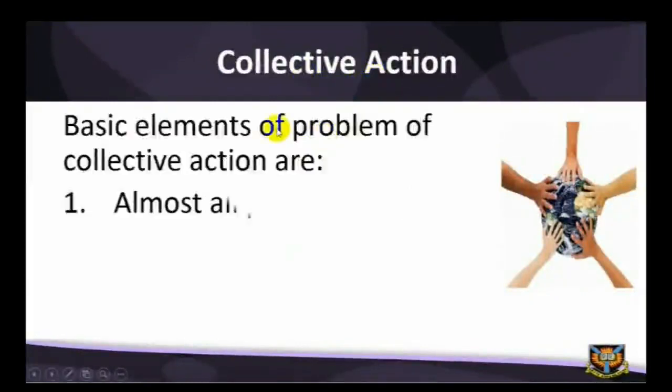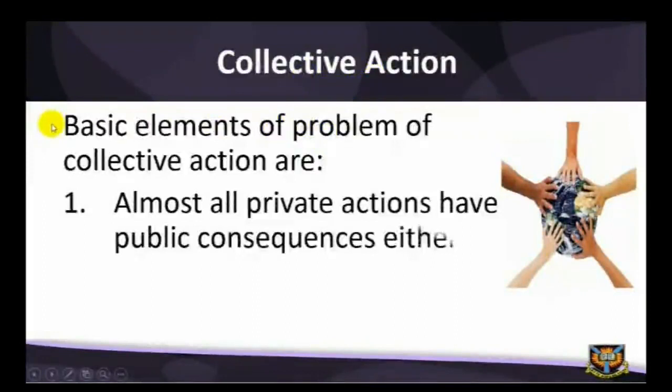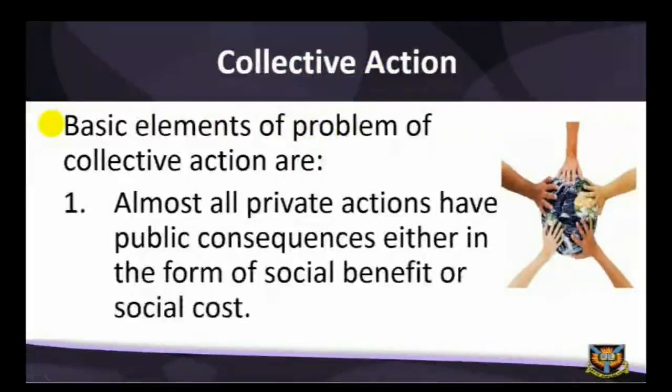Where there is need for a project that will benefit all, but no individual is prepared to contribute towards it, there is a problem of collective action, which creates a role for the government. Basic elements of problem of collective actions are: 1.